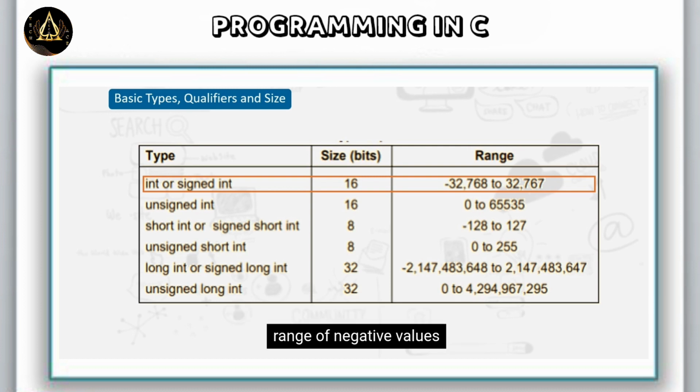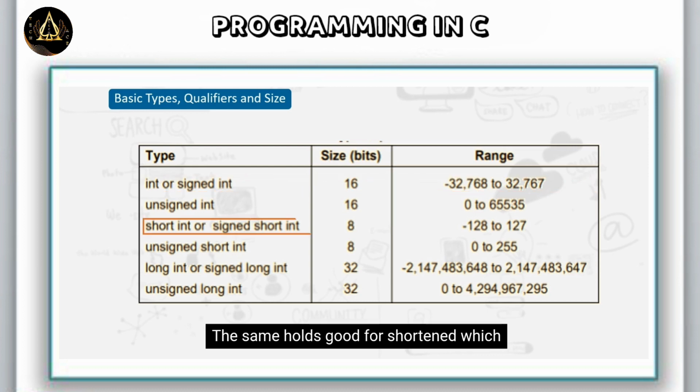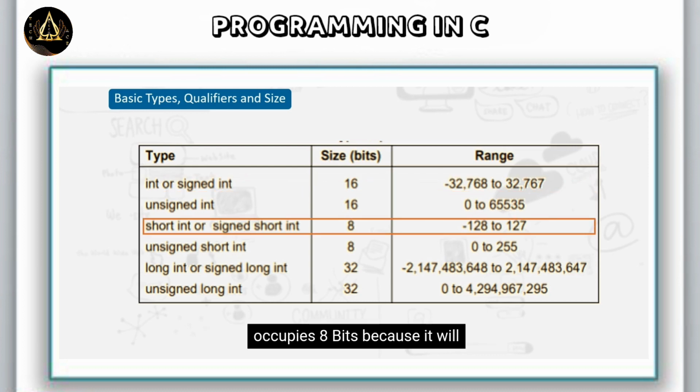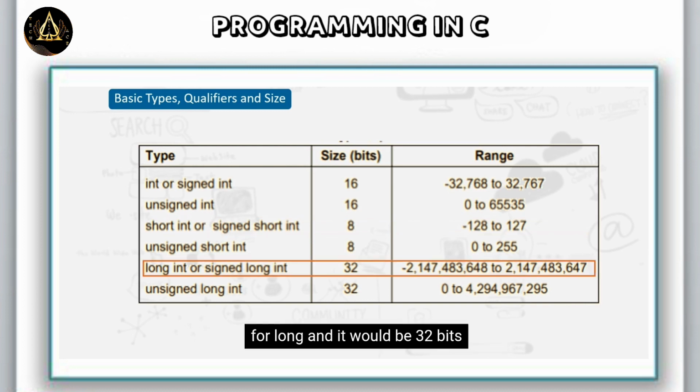So the range of negative values for a signed int will be minus 32,768 to 0, and the positive values will be 0 to 32,767. The same holds good for short int, which occupies 8 bits because it will occupy a lesser range of values than integer. For long int, it would be 32 bits because it will occupy a higher range of values than the integer value.